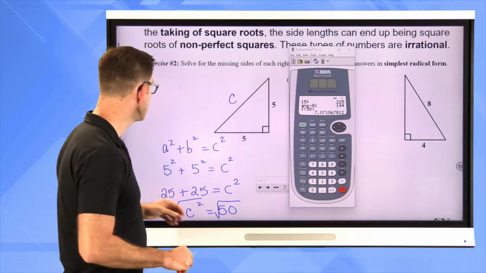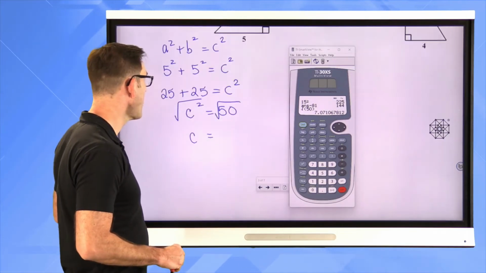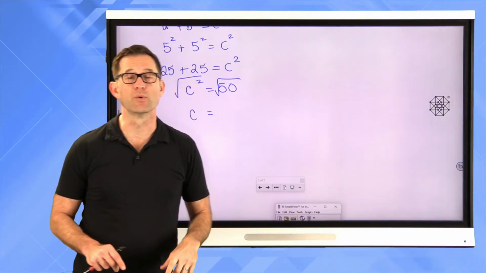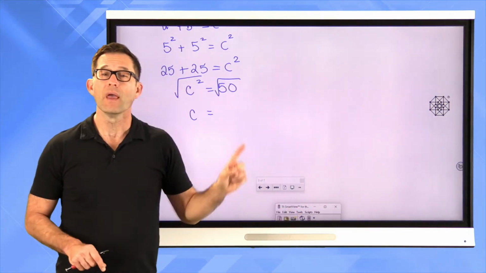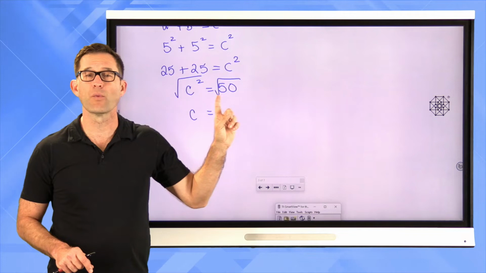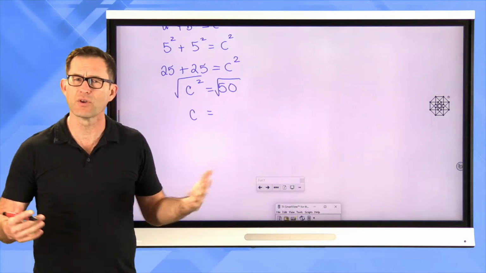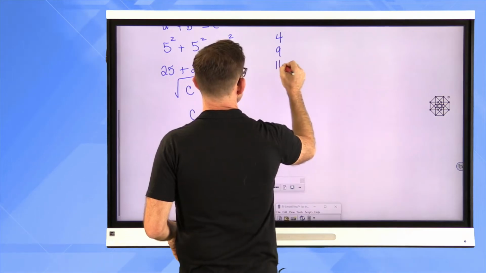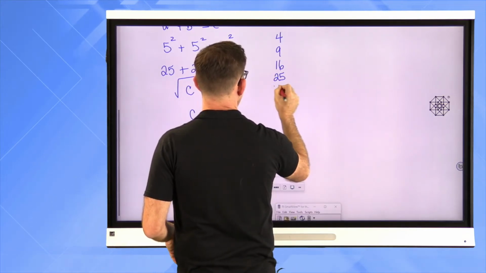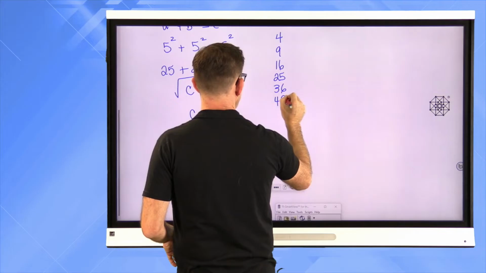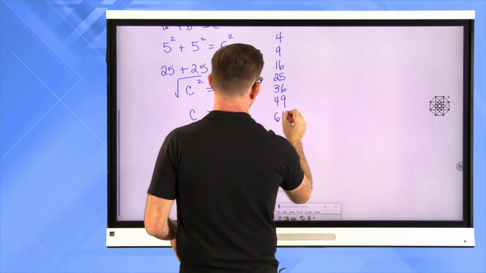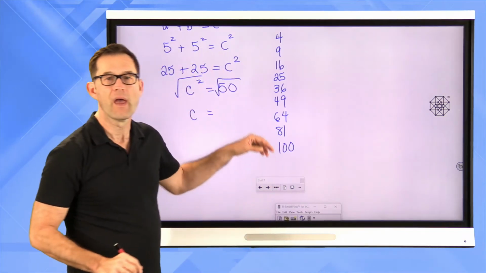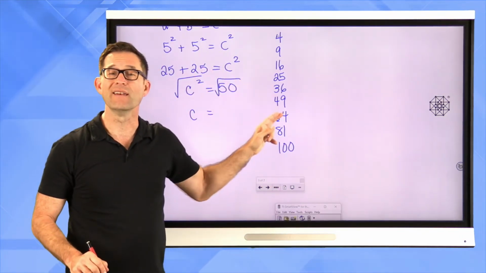Now, what it means for us to simplify a radical, specifically a square root radical as opposed to a cube root or anything like that, is we want to find the biggest perfect square that divides into 50, right? So you've got these perfect squares: 4, 9, 16, 25, 36, 49, 64, 81, 100, etc. Every one of these numbers has a nice square root.